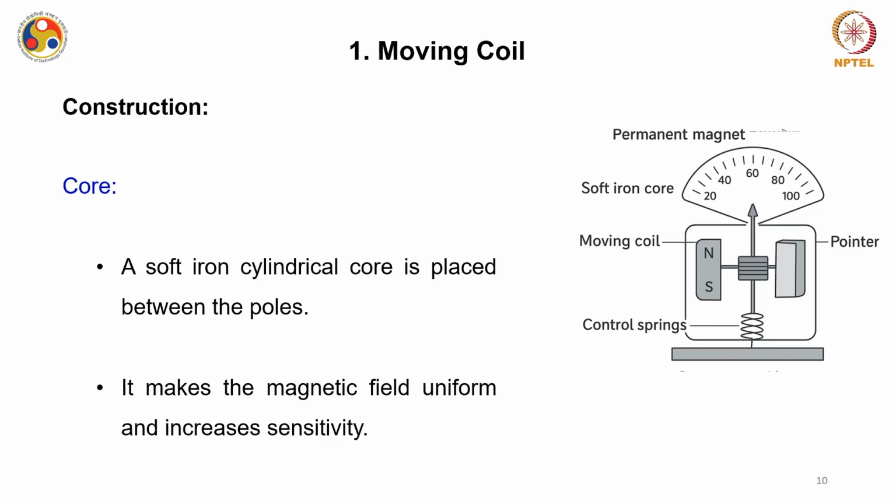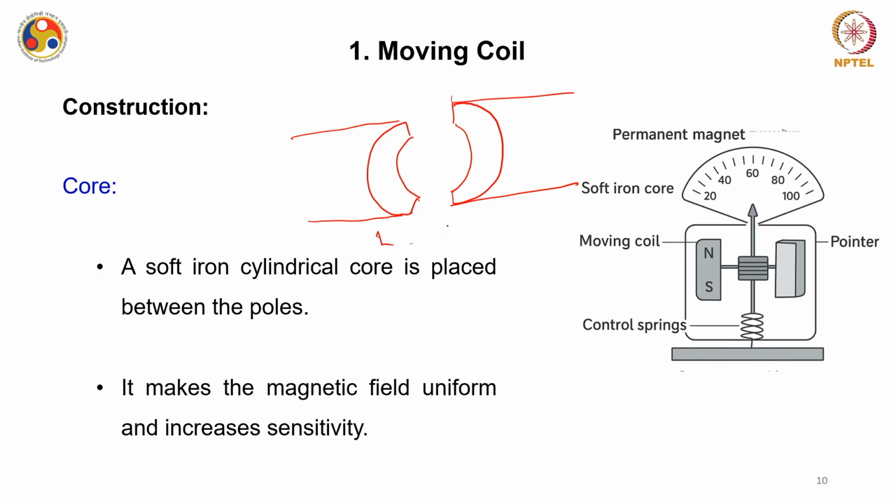So if you see the construction, you have a U-shaped magnet, for example, so you have a magnetic system such as this, say this is a north pole and say this is a south pole of the magnet.